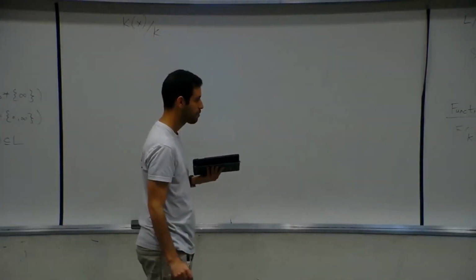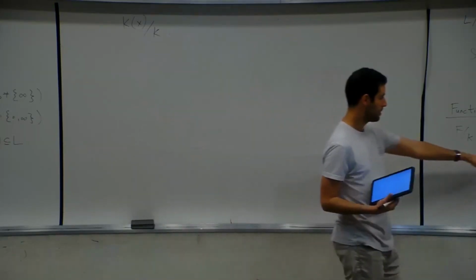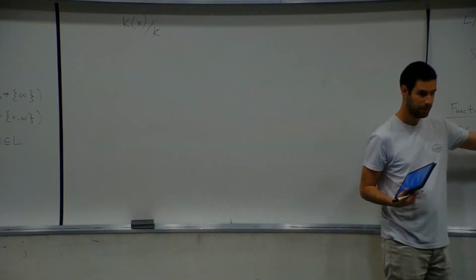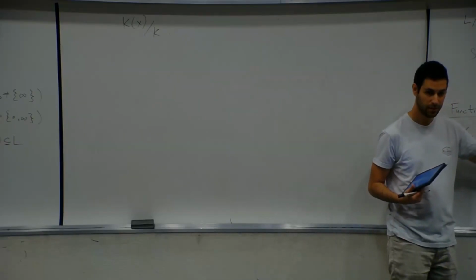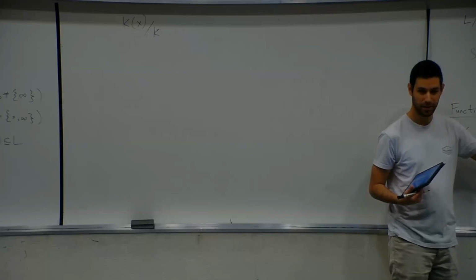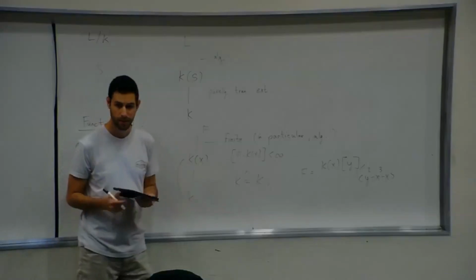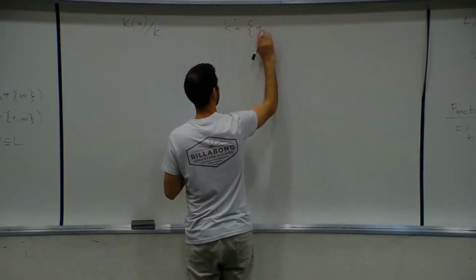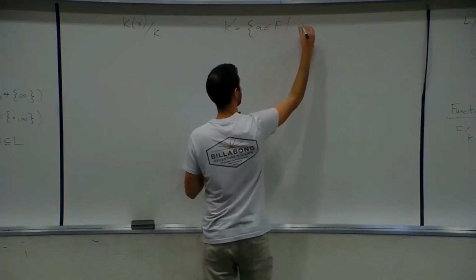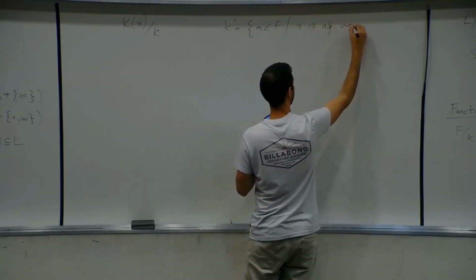Again, like k prime, just to make sure: every element in F, let's take some rational function. If it is a root of some polynomial with coefficients in k, then it must be a constant. So the elements of k prime are all the elements alpha in F such that alpha is algebraic over k.